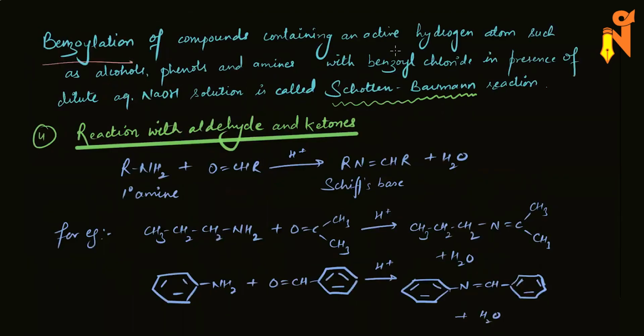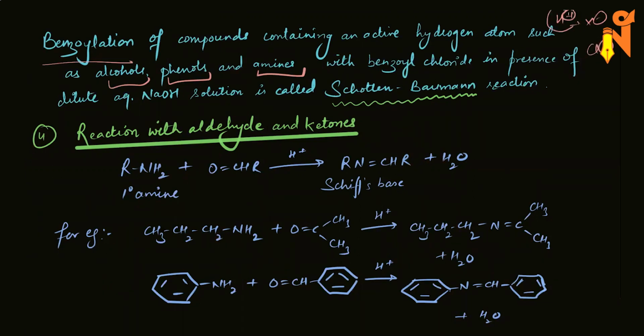So benzoylation of any compound, like amines, phenols, or alcohols, wherever active hydrogen is present. Active hydrogen means the acidic hydrogen which can come out as H plus and make a bond with X minus, or any negative species present with the benzoyl chloride. So basically chlorine is present.